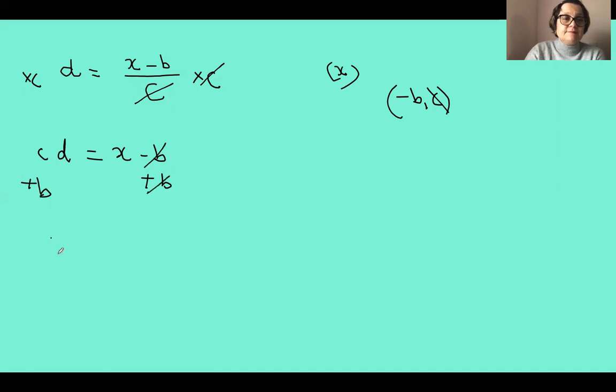So cd plus b equals x. Or if you want the x to appear on the left-hand side, then you're going to have x equals cd plus b. So you can switch sides just like that.